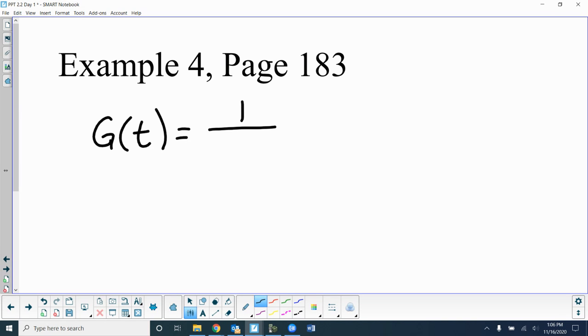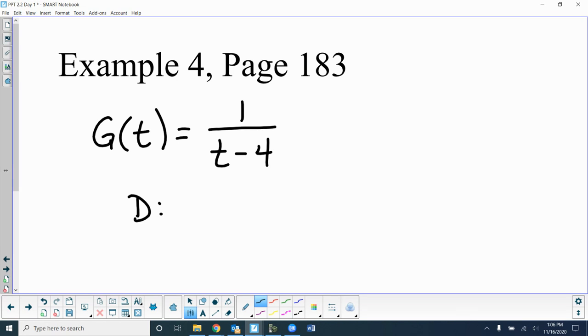They'll use different letters once in a while. And instead of x and y, they're using t and g of t. All right, so what's the domain? What are the possible values of t? Can it be all real numbers? Usually we start at all real numbers, and then we work our way back if we don't think all real numbers would work. Are there any numbers that t is not allowed to be?